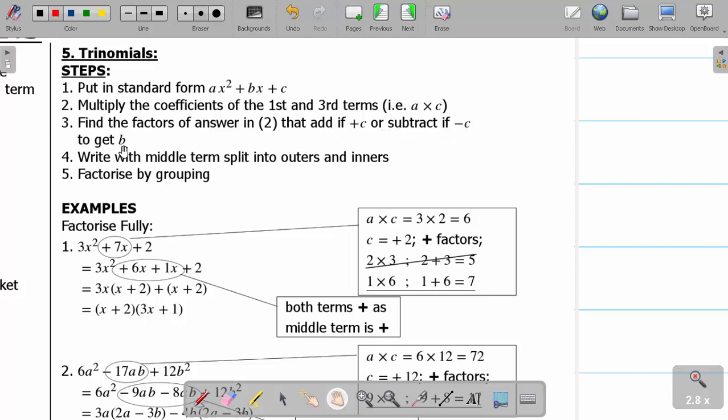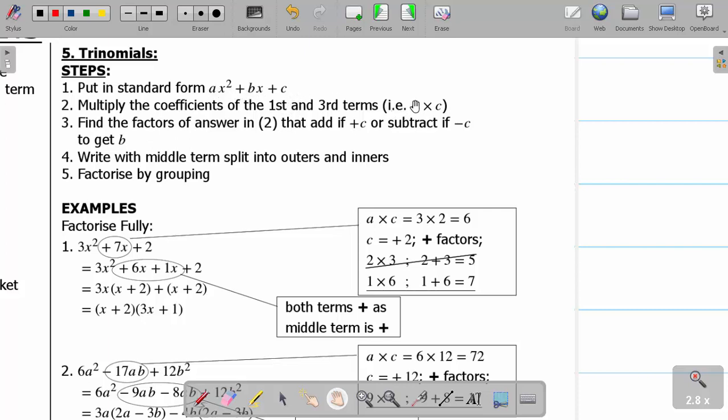And then to get b. I repeat, first of all write it in standard form as ax squared plus bx plus c. Then multiply a times c. Are we together? That is the coefficients: multiply the coefficient of a, the first term, times the c.